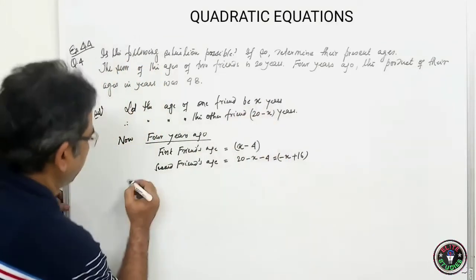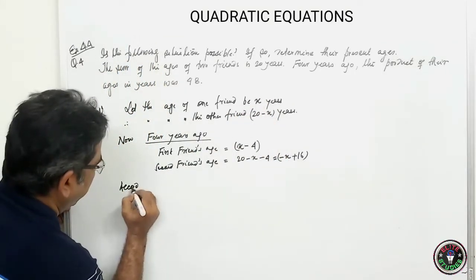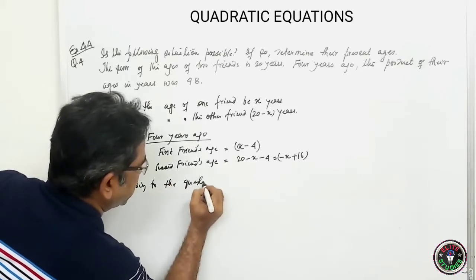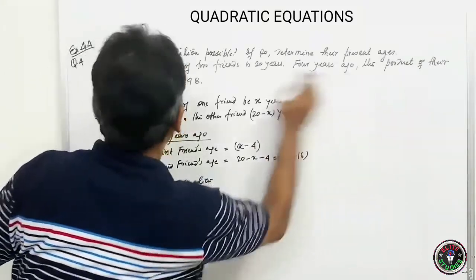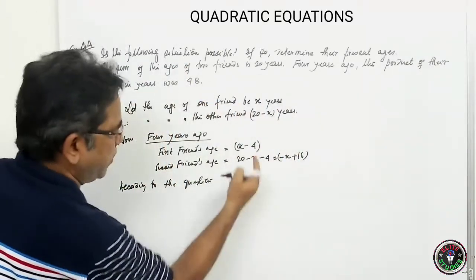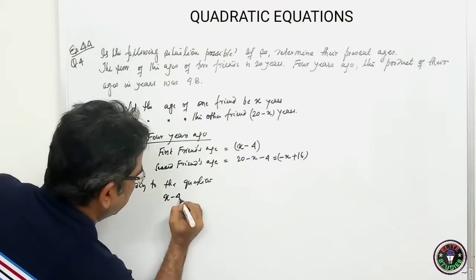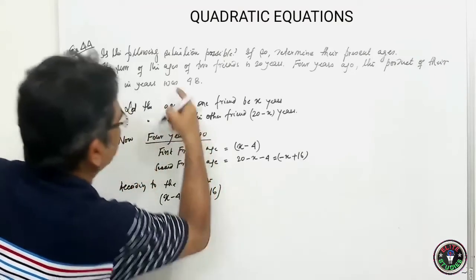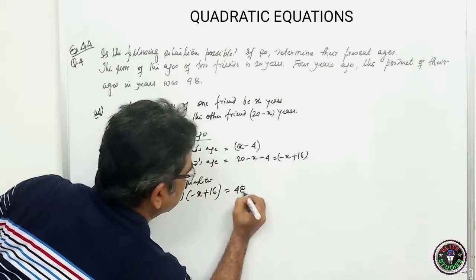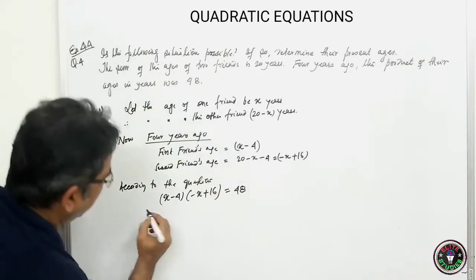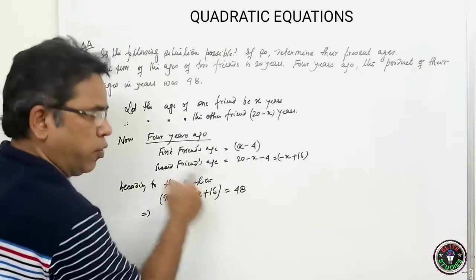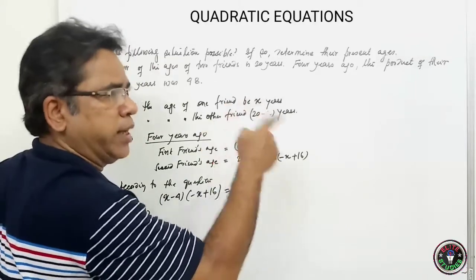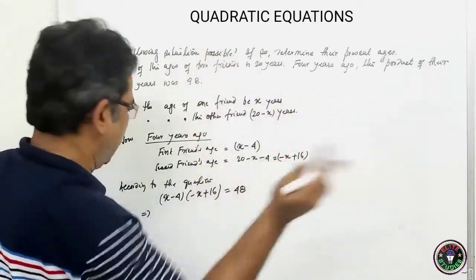Now according to the question, the product of their ages in years. Product means multiply: X minus 4 times 16 minus X comes out to be 48. So we get a quadratic equation, and in it we will find the discriminant b square minus 4ac. If it comes out to be 0 or greater than 0, then it is possible, otherwise it is not possible. Let us see.